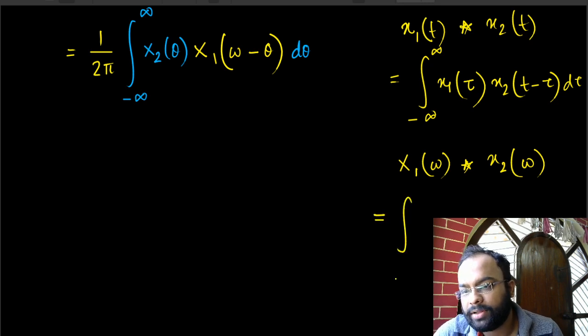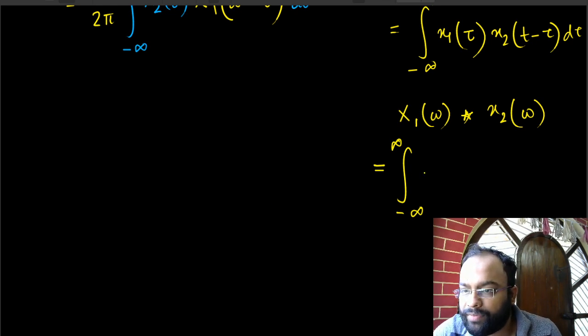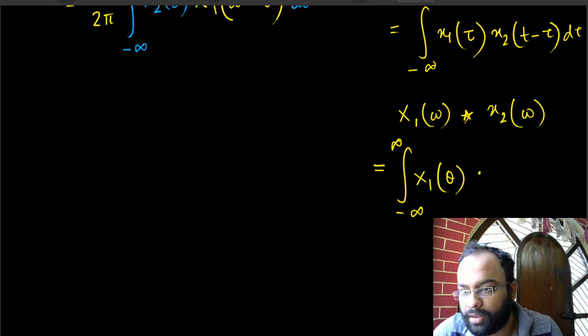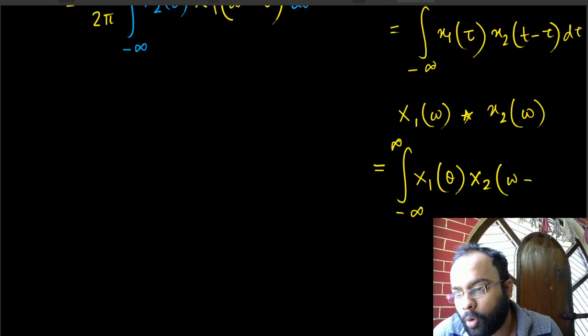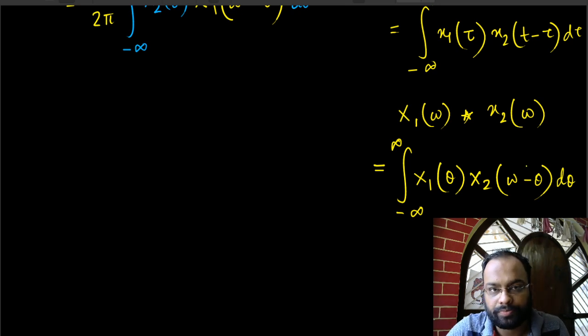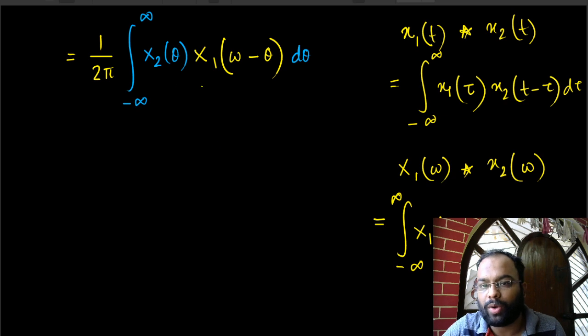We can have this integration from minus infinity to infinity of x1(theta), just like tau, it's a dummy variable, and x2(omega minus theta). Then again, instead of t, I have omega, and instead of tau, I have theta, the dummy variable, integrated with respect to the dummy variable. We have this, right? So from this definition, what do I see?